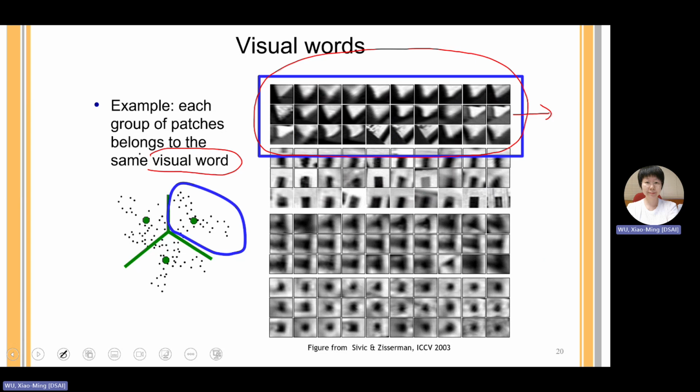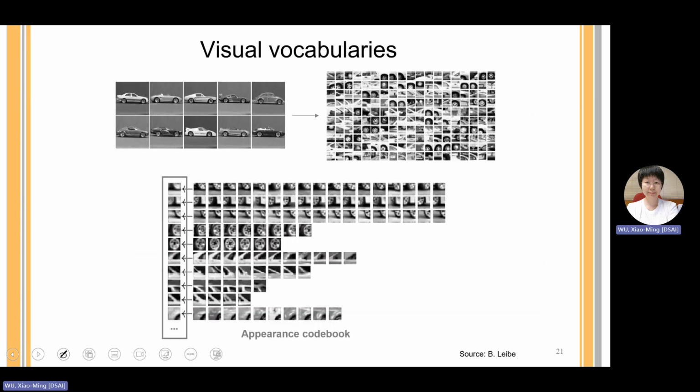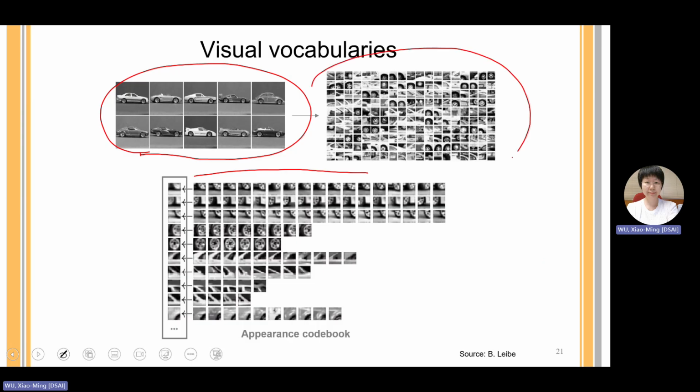Maybe it represents a significant feature from the data set. For example, given these images from the data set, we extract the patches from the images. These are the patches. And then we group these patches into different clusters.